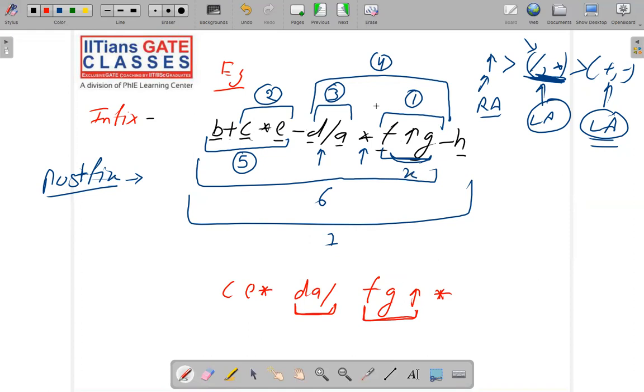After this operation, what is our next operation? What is the fifth operation? This one, B plus C star E. So whatever is the value of C star E, we do B plus here, B plus C star E. Now the sixth operation is this whole thing.